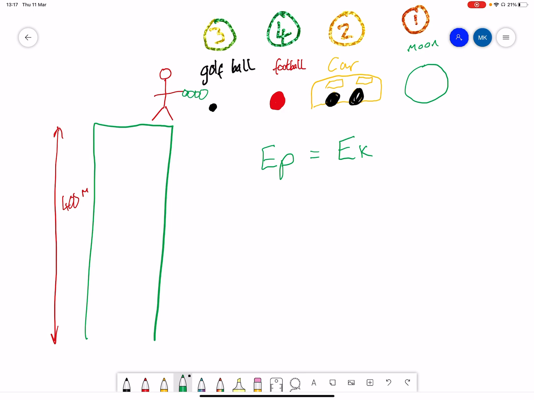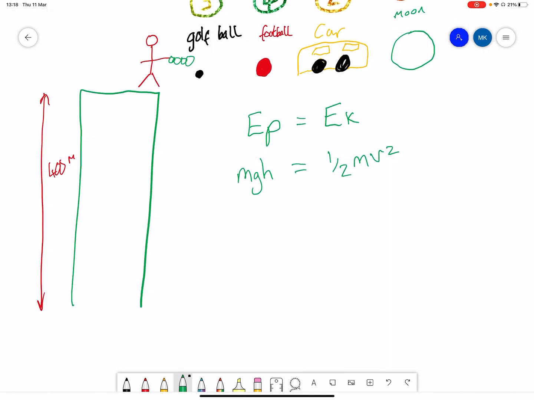So we know potential energy is mgh, you know that from your equation sheet. And we also know that Ek, the kinetic energy, is a half mv squared. We have an m on both sides, so we can just cancel the m's out.